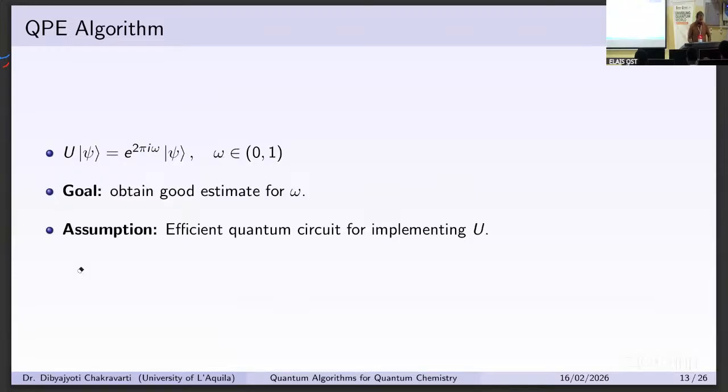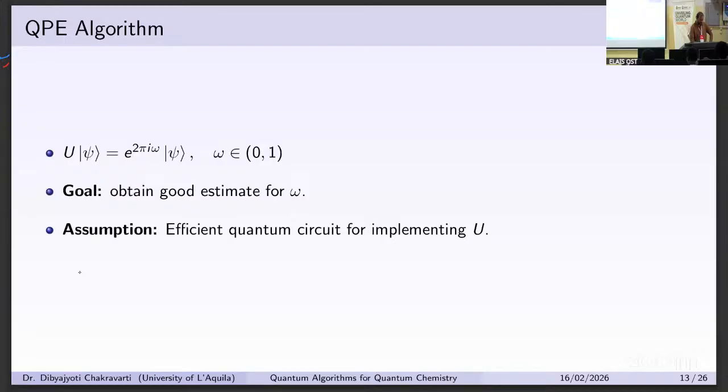Okay, so just recapping what we want to do again, because after introducing QPE, I introduced two more circuits. We just want to find out the eigenvalue of a unitary operator. The eigenvalue is defined as a number between 0 and 1, so it can be represented in binary format.